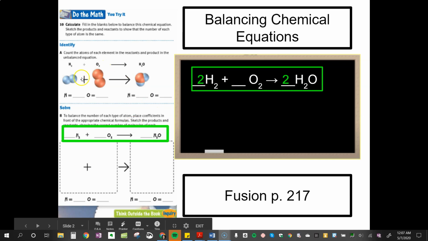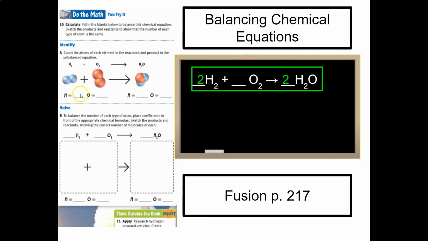So let's go ahead and fill in what it would look like on your worksheet. So here we would have had to put in our counts for the original unbalanced equation. So there were originally 2 hydrogen, 2 oxygen on the left, 2 hydrogen and 1 oxygen on the right. Then they wanted us to figure out what the balanced equation would be.